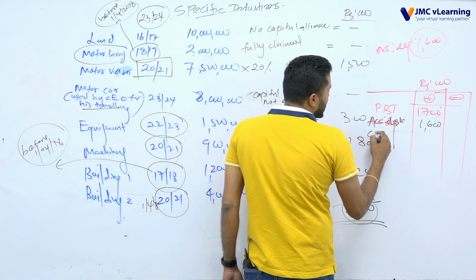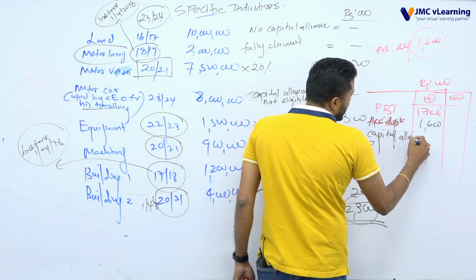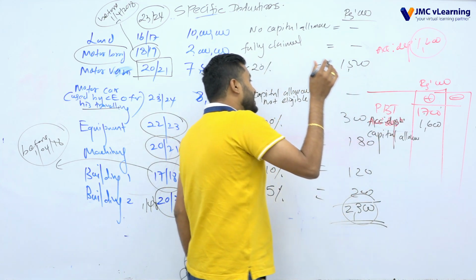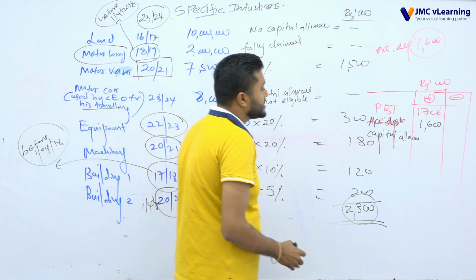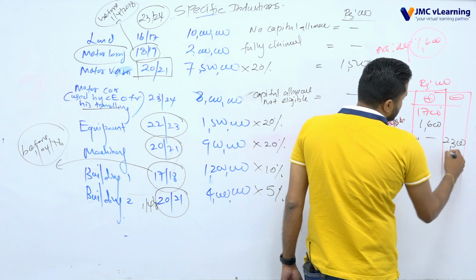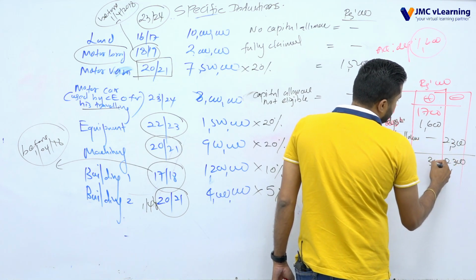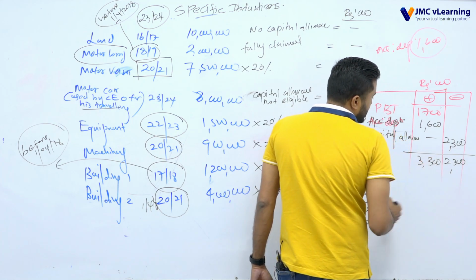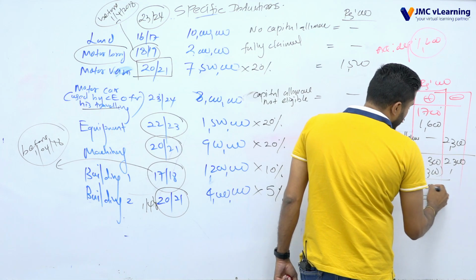Instead of that, you can take what? The capital allowance. That is the specific way of calculating depreciation for tax purposes, which we call capital allowances. How much is that? You can take 2300 as expense. So this is the way you have to adjust. Here 3300, here 2300 minus, then you can see the balance is 1000.